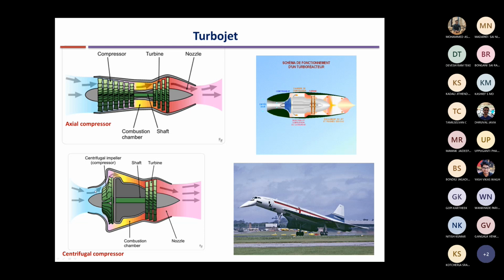So at least a certain length is required for that to occur. A lot of design implications are there, and then there is this additional area due to the diffuser. As a result, the cross-sectional area is always going to be much larger. So that drawback is there.